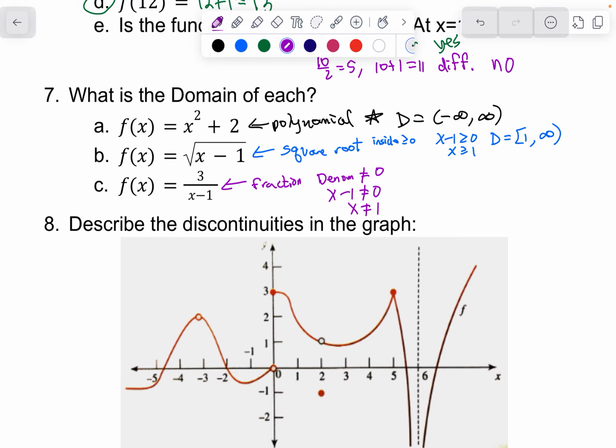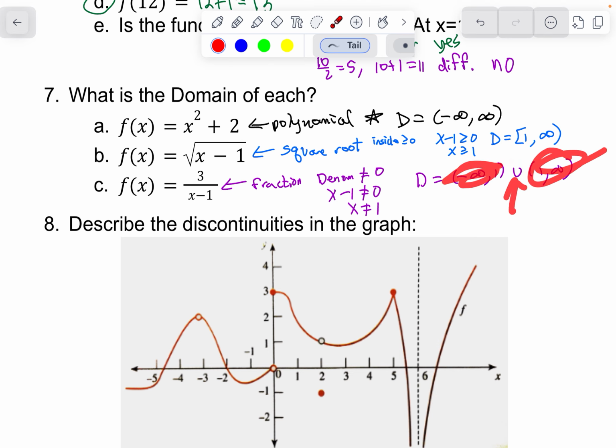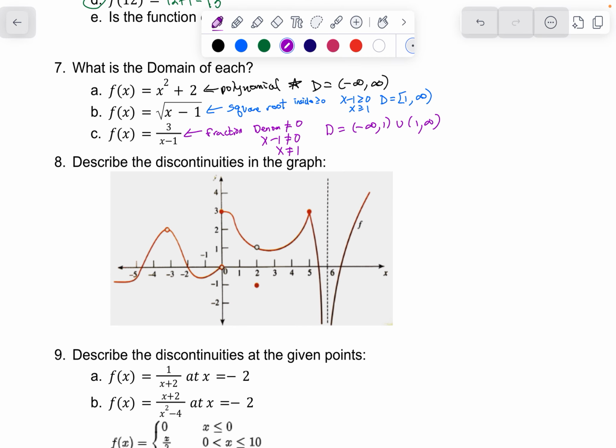So the domain here, we can use anything before we get to 1 and anything after 1. You'll notice there's a little gap because those are parentheses only at 1. This kind of tells me I skipped 1.